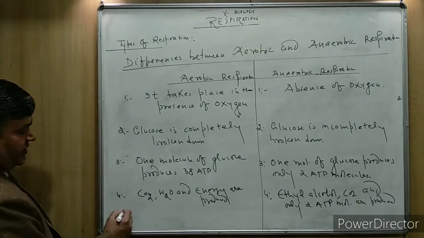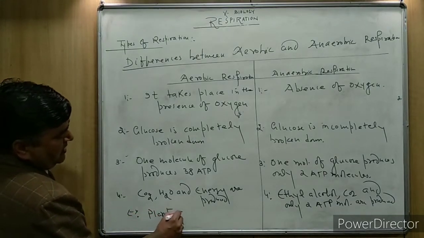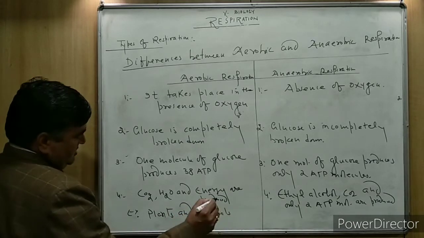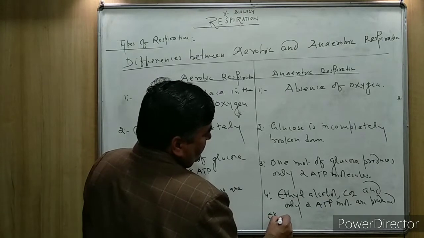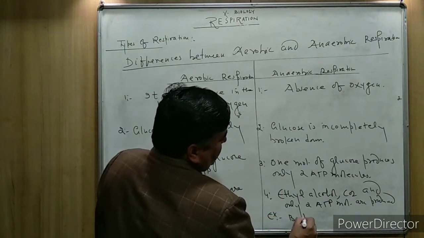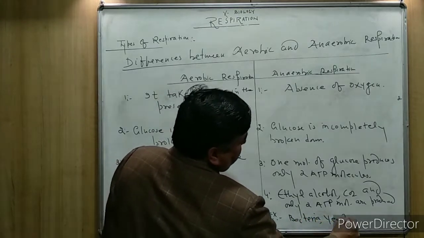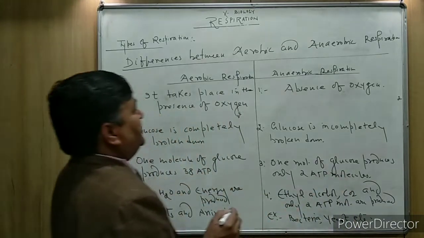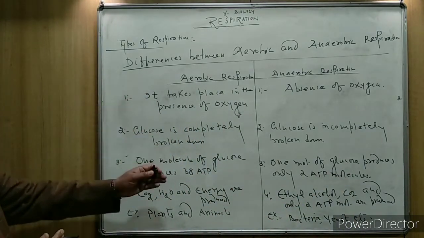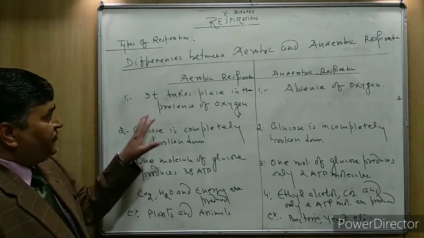Examples you can note down here: plants and animals. Here you can note down microorganisms such as bacteria, yeast, etc. So please, you learn the differences between aerobic and anaerobic respiration.